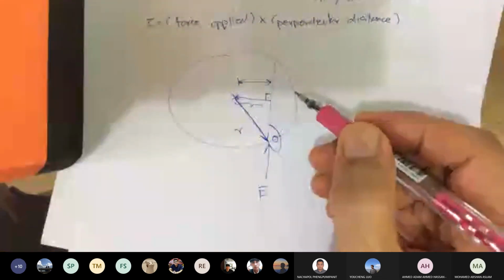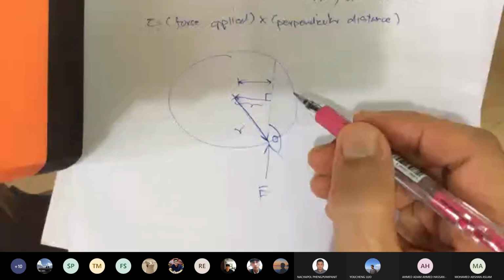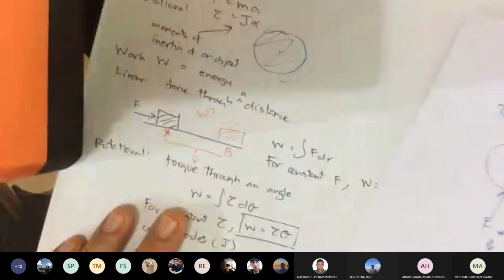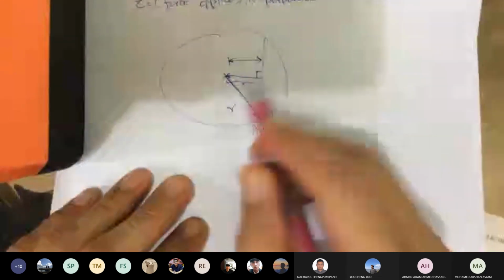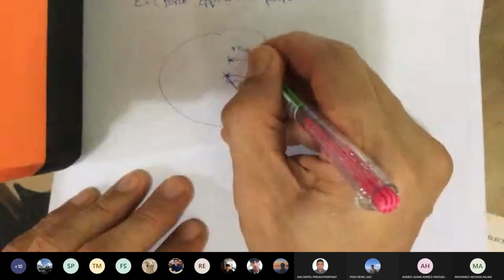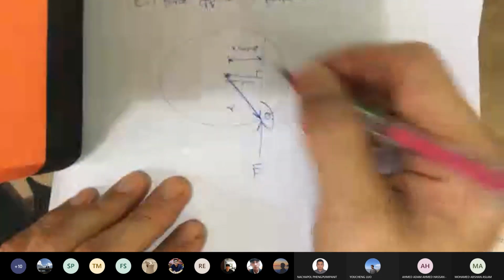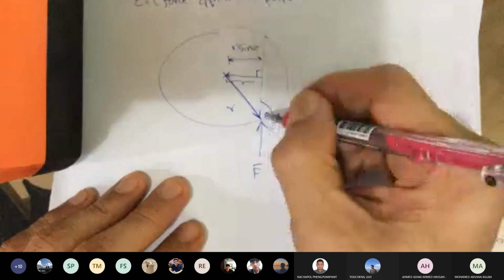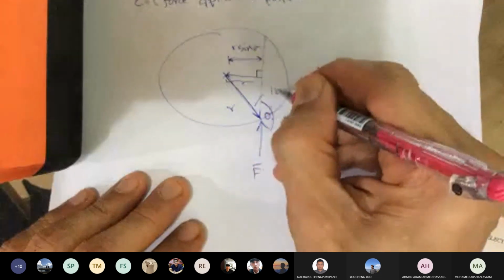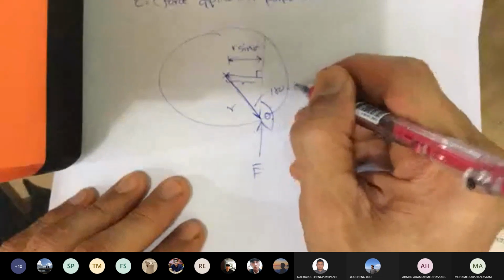Cosine, well, I don't want to spend time on this. You can try and figure out why, if this is theta, this is R sine theta. I'm giving you a hint: if this is theta, this is 180 degrees minus theta.